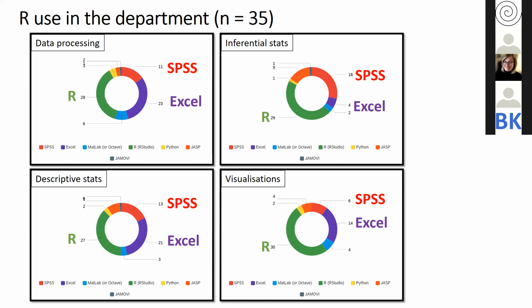And you can see that the R use in green here is the dominant package that people use, although lots of people in the department are still using SPSS and Excel for different types of tasks. Primarily for inferential stats, SPSS is still kicking about as the thing that people use.